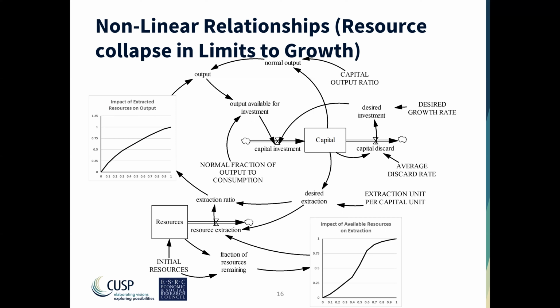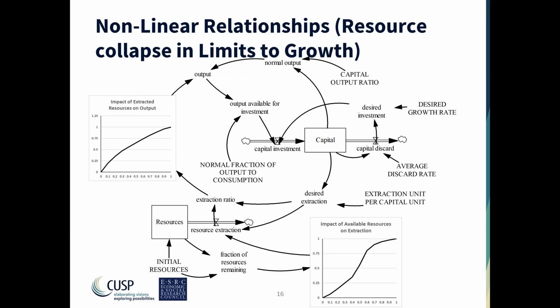Now, we link this new piece of structure to what we had before, just making the desired extraction an endogenous variable. It used to be exogenous in the previous chart, and now it becomes endogenous. Let's say it is a constant increase depending on the amount of capital. Now, the same exact structure will generate a resource extraction going towards zero over time. We calculate an extraction ratio between desired extraction and resource extraction.